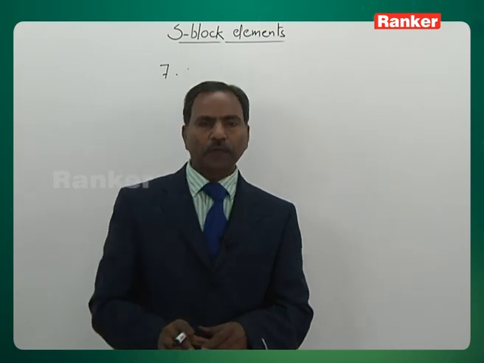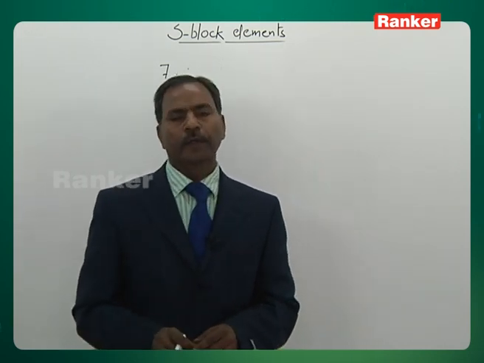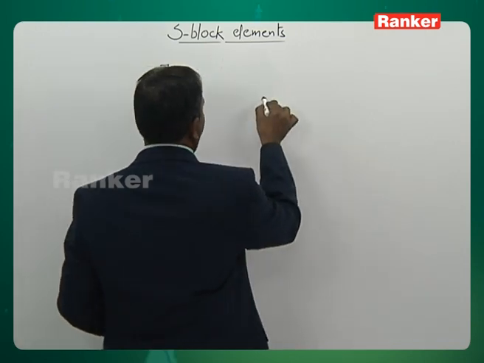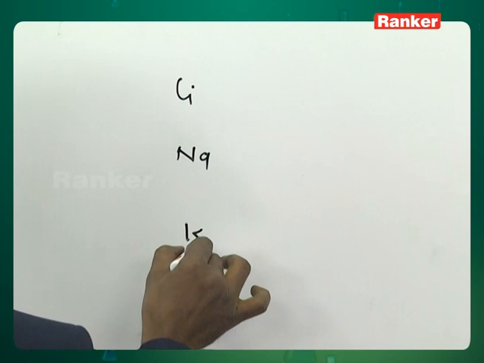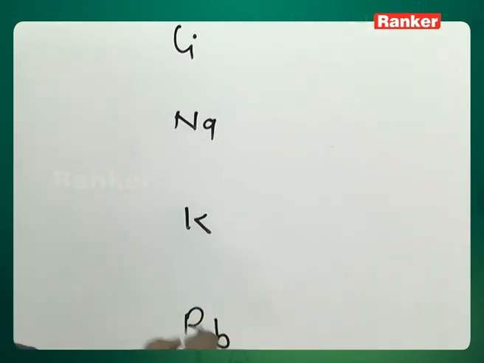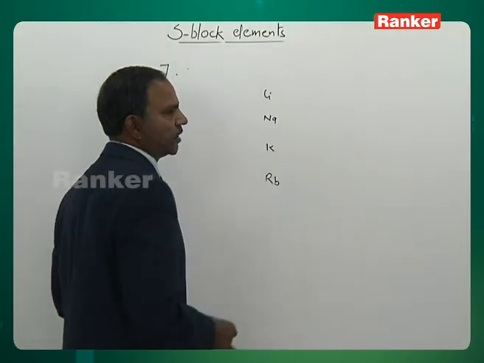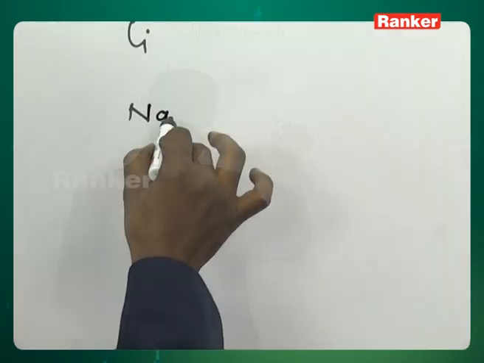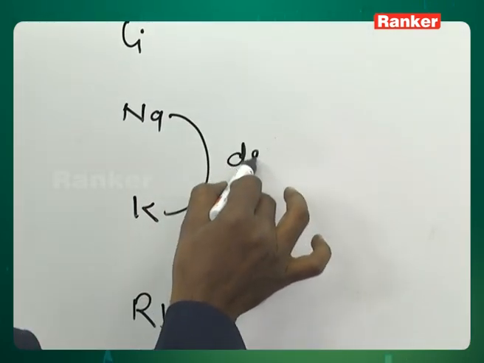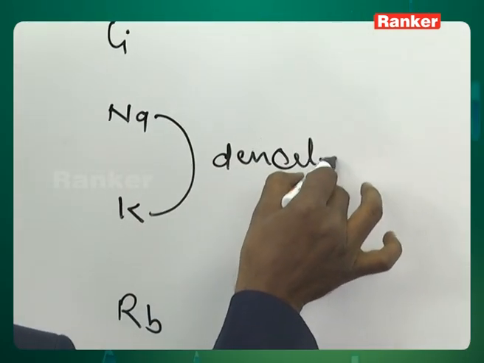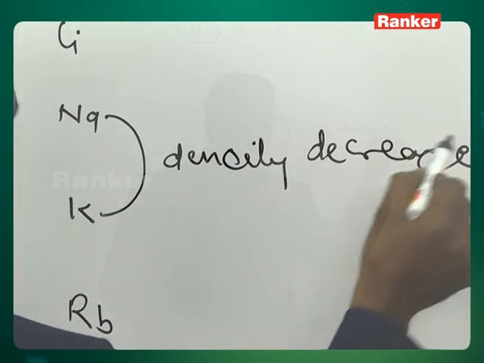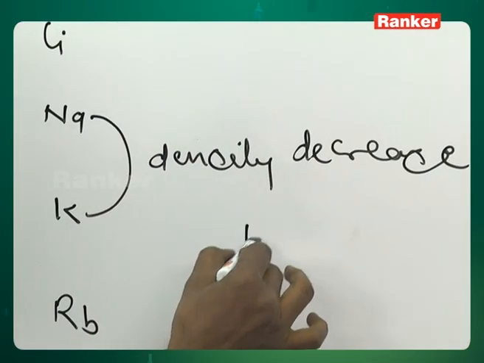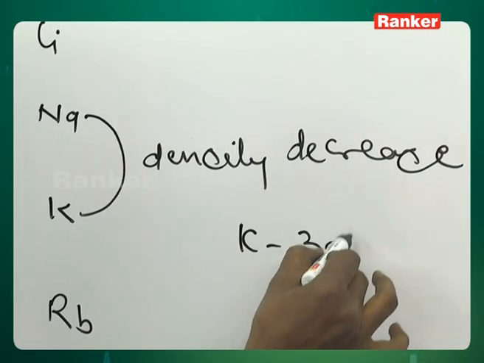But coming to option 3, density, suppose you consider lithium, sodium, potassium and rubidium. Top to bottom density is increasing, we agree, but from sodium to potassium density decreases. Why does it decrease? In potassium there are vacant d orbitals.